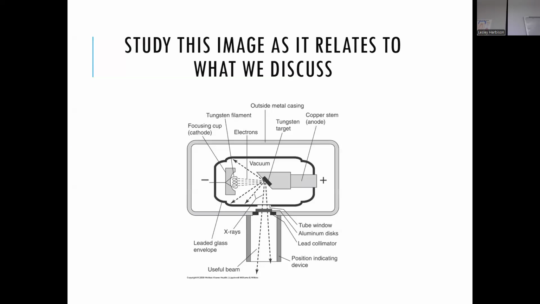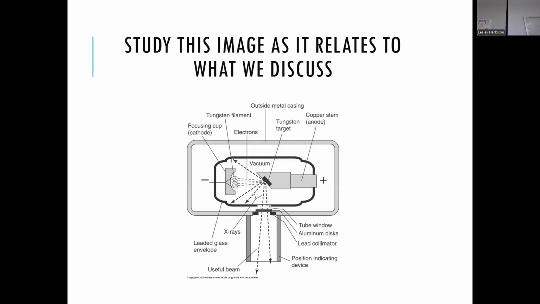Before that, when you look at that image, if you divide the picture in half, the blue piece on one side and everything else on the side with the focusing cup at the top, write cathode. That's the cathode side, and it's the negative side.